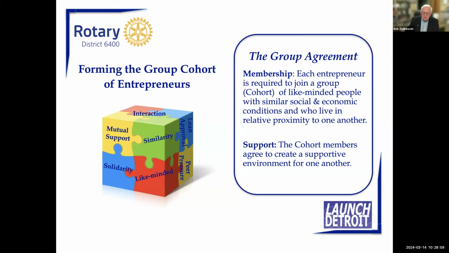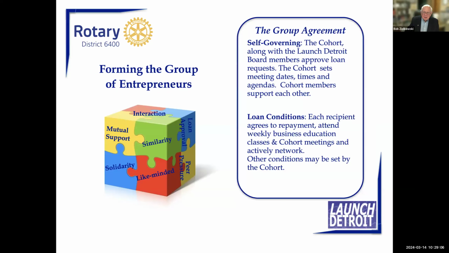The members of the cohort agree to support each other and create a supportive environment for each other. This is probably the most important part of the cohort group, that they are self-governing. The group sets its meeting dates and times. It sets its agendas. The cohort decides whether they're going to have a structured cohort, one with a chairperson, one with a secretary, or whether they're just going to decide each meeting time on their next agenda.